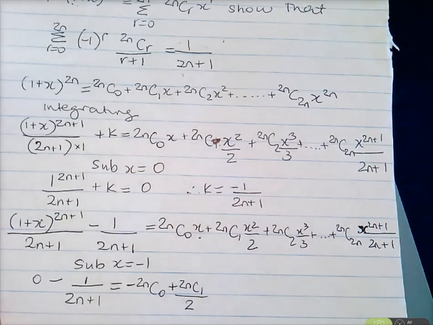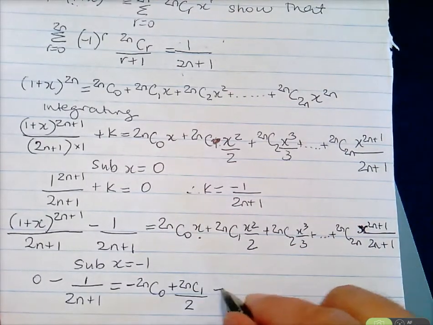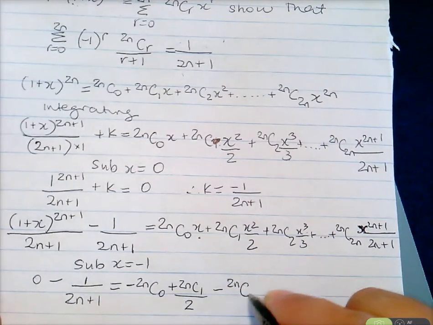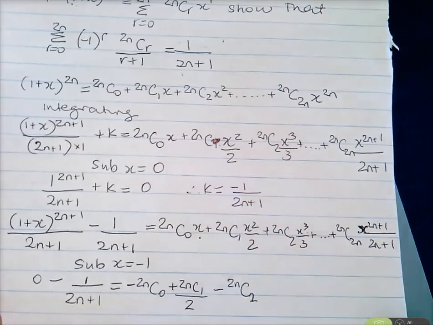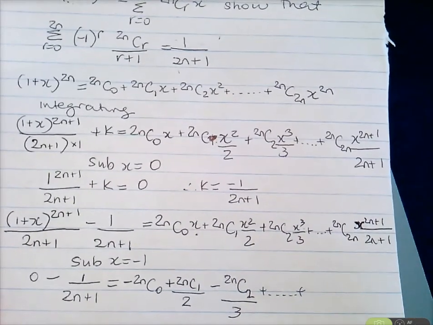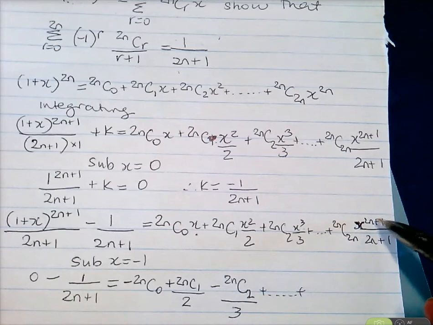The next one should be a negative if x is negative 1: minus 2nC2 over 3. Plus, plus. What about the last term, if x is negative 1? n, of course, is some whole number. It'll be negative because it'll be negative 1 to an odd number.